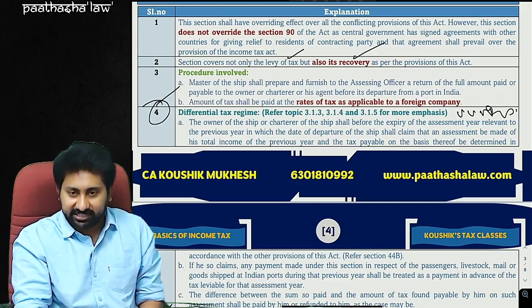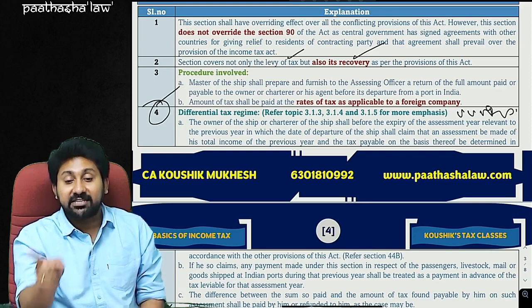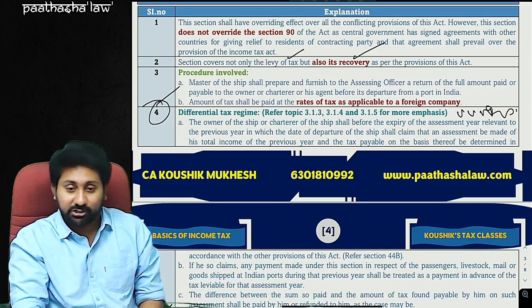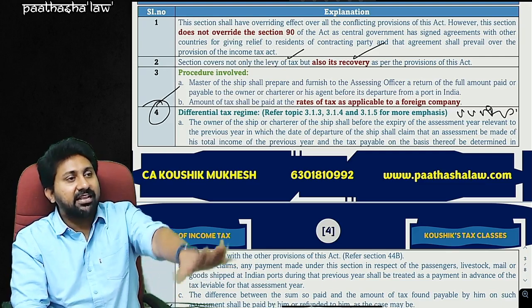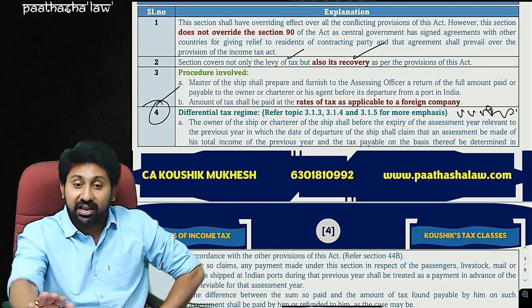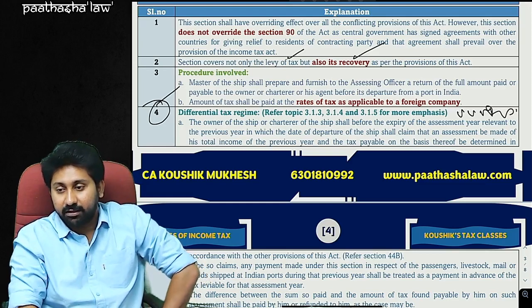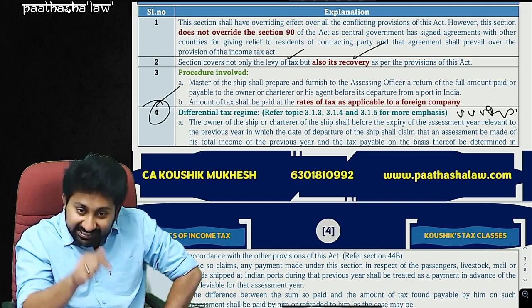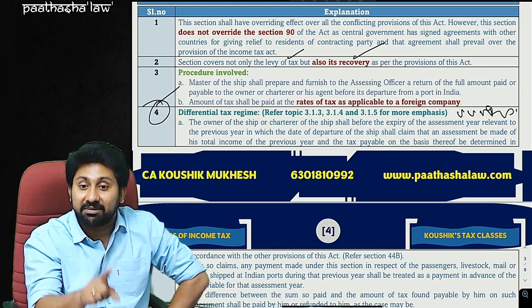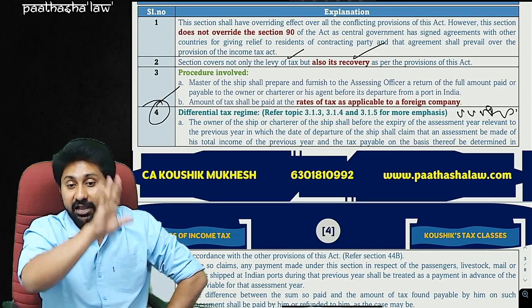Whenever a non-resident is doing a shipping business carrying goods, passengers, livestock, etc., collecting freight, on a presumptive basis you are telling me 7.5% is my margin. Really, my margin is only 5%, but you are presuming it is 7.5% and collecting tax. If it is like this, non-residents will be discouraged from doing freight business in India.